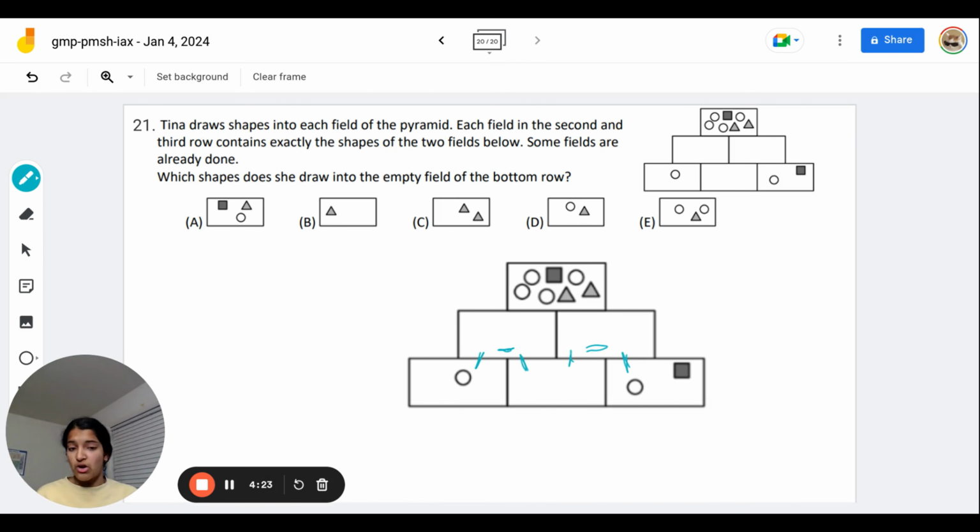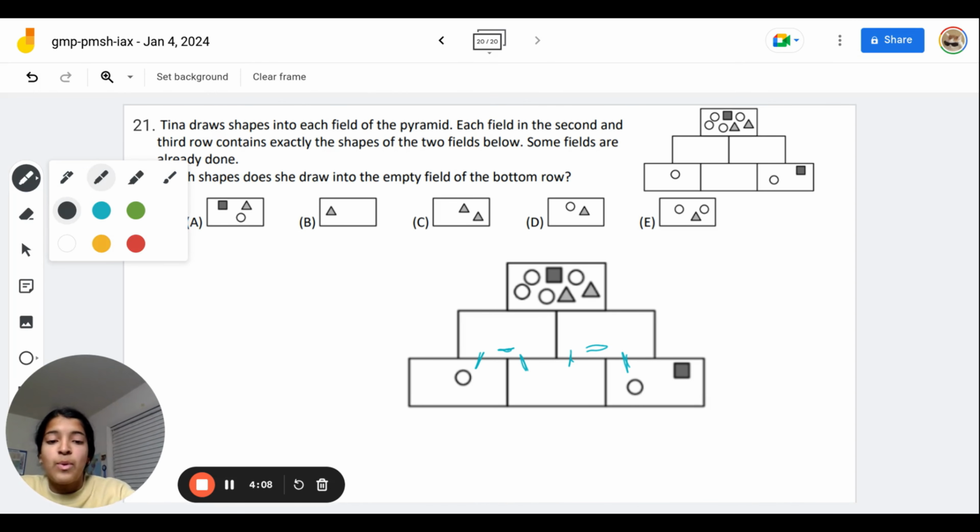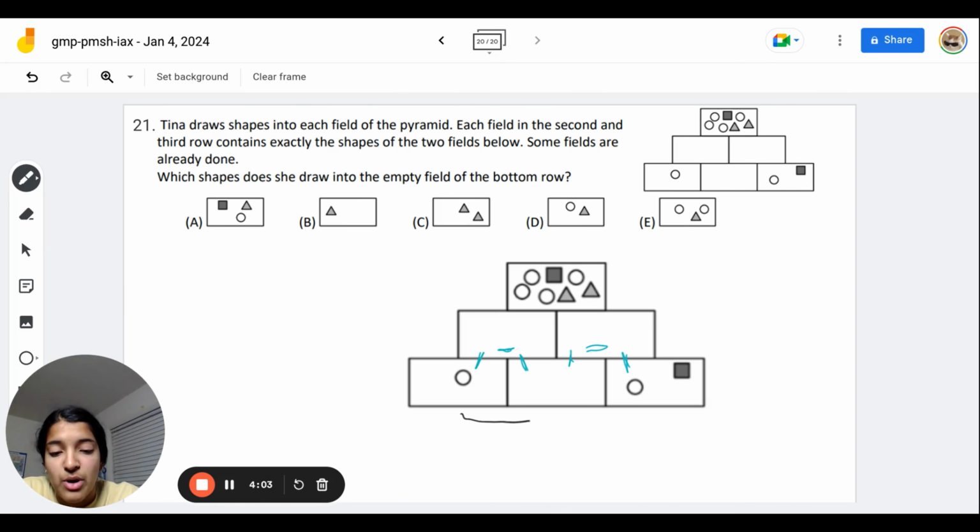So, by looking at all of this, we need to find some criteria that the bottom field must hit in order for the top field to look like that. So, something that I figured out is that we can only have one square in all 3 bottom rows. So, in the middle row, we can have no squares. So this is how I figured it out.